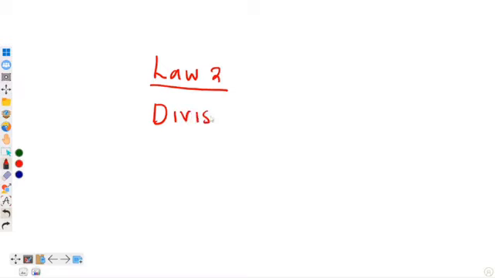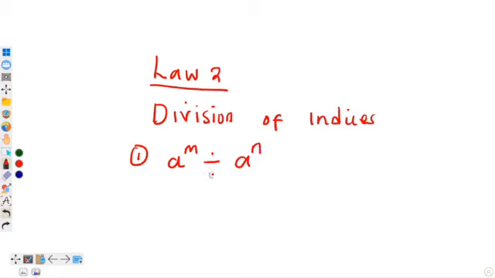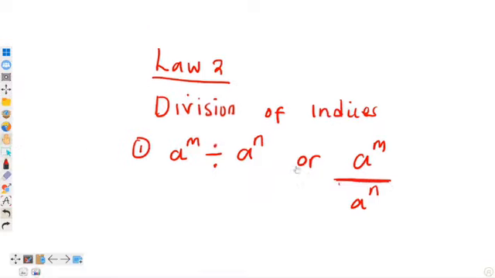Now, when it comes to dividing indices, for example, if you have a to the power m divided by a to the power n, this can also be written as a power m over a power n. You can use this division sign, or you can use a fraction form. Any form of division you can use.